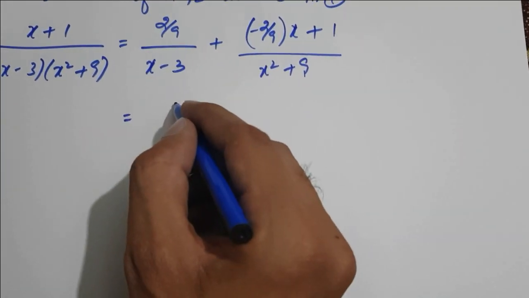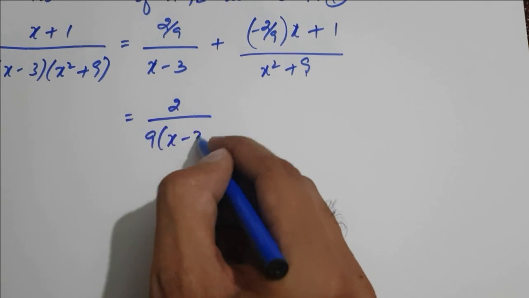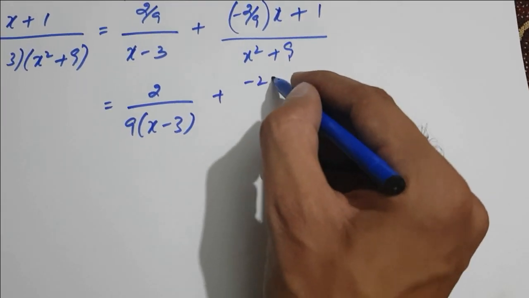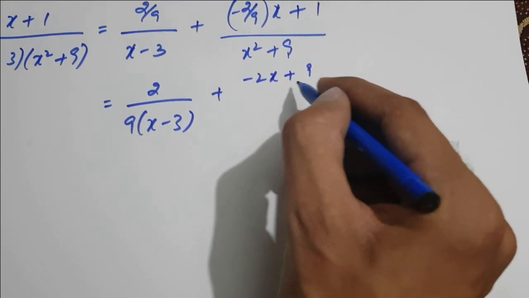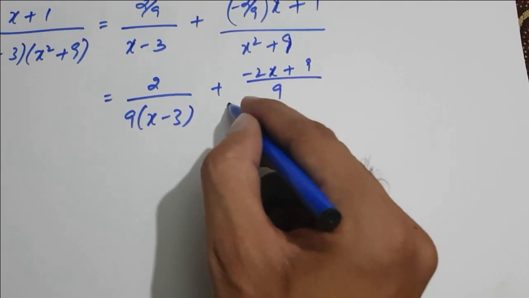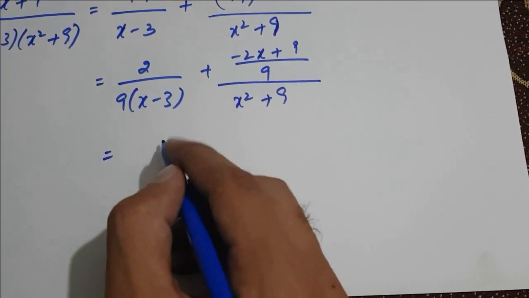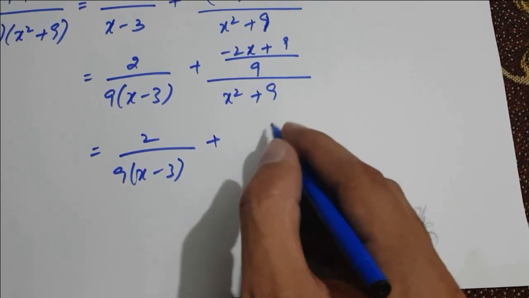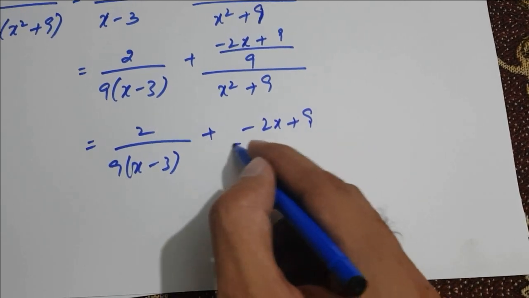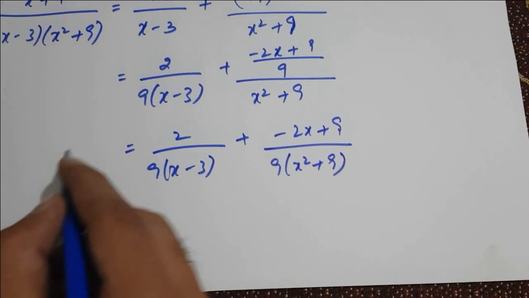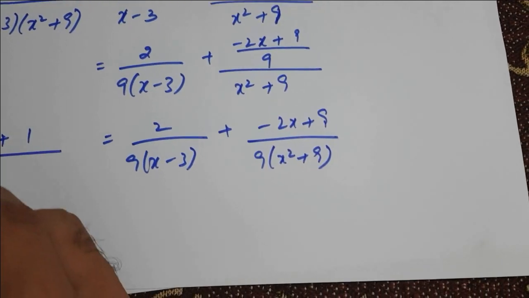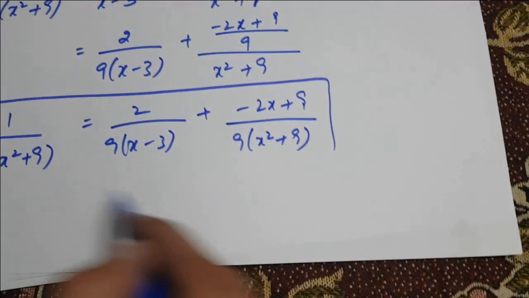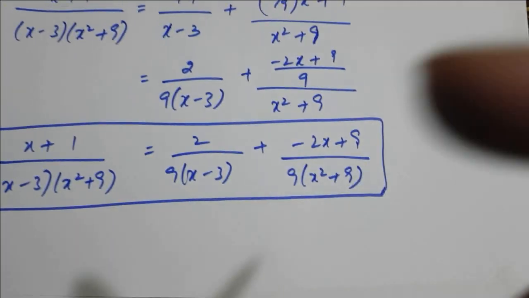We can simplify it further as 2 over 9 into (x minus 3) plus (minus 2x plus 9) over 9 divided by (x squared plus 9), or we can simply write it as 2 over 9(x minus 3) plus (minus 2x plus 9) over 9(x squared plus 9), which is our resultant partial fractions. Thank you.